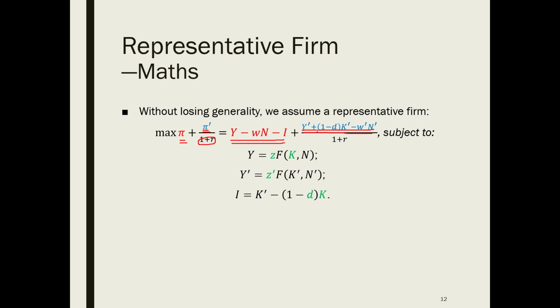The net capital here is equal to 1 minus the depreciation rate of capital D multiplied by the capital stock in the future period K prime.